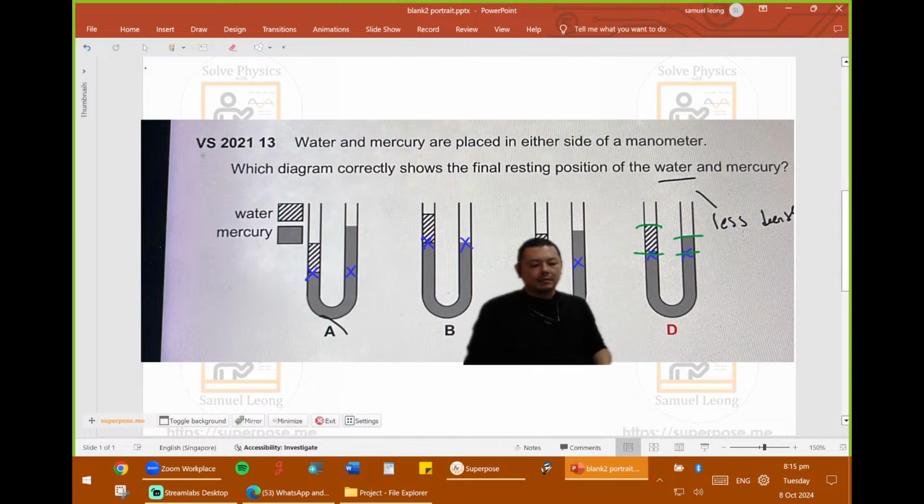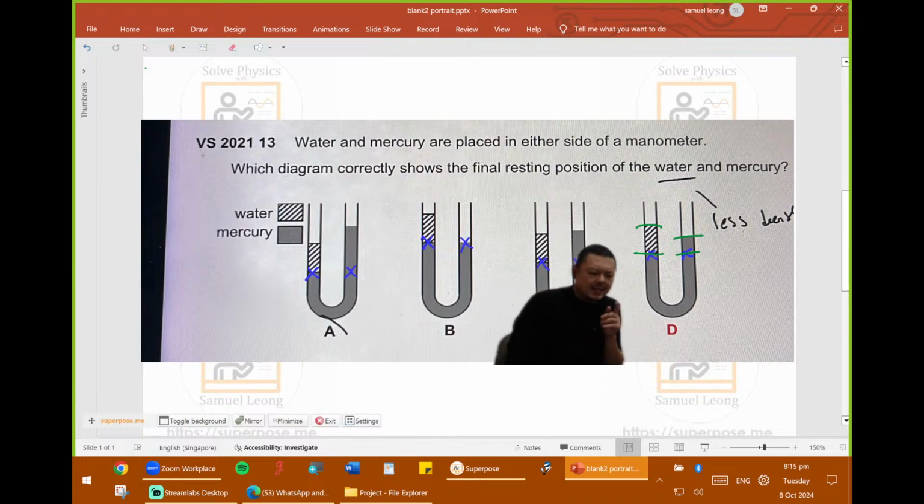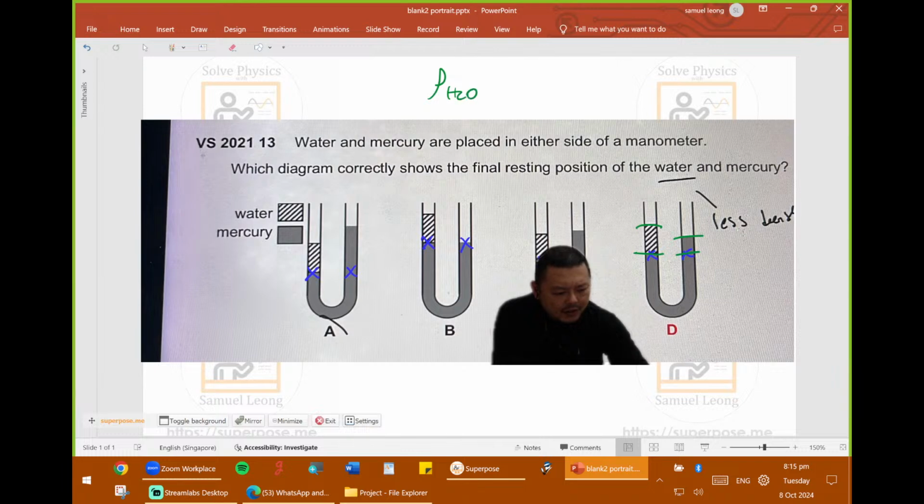Do you understand this? Okay. Now, knowing that the density of water is what? 1000 kg per meter cube, and the density of mercury is 13,000 kg per meter cube.